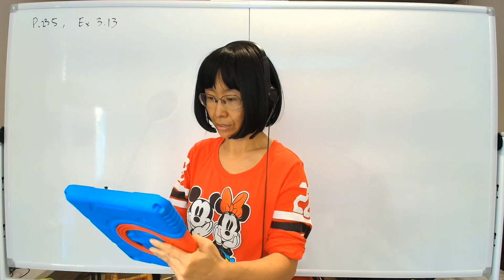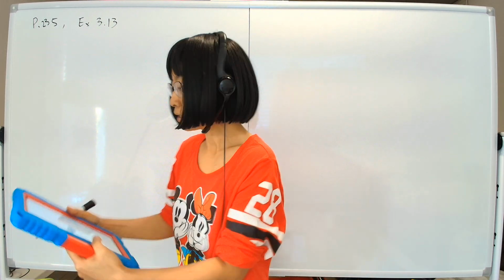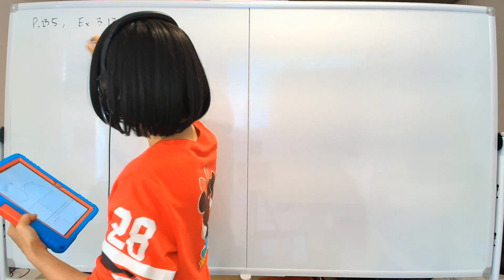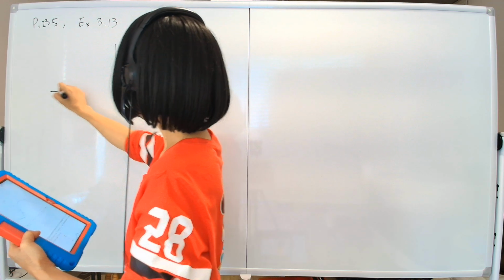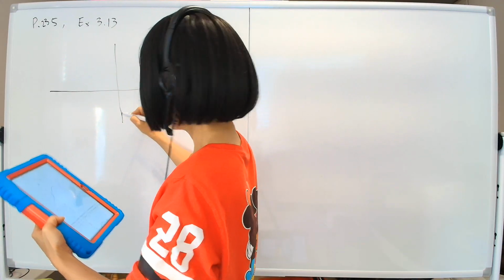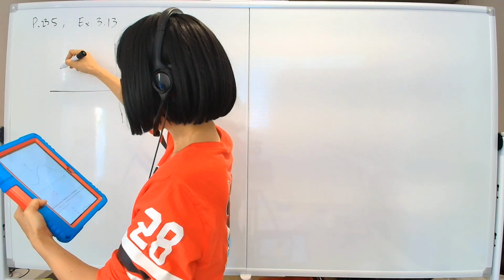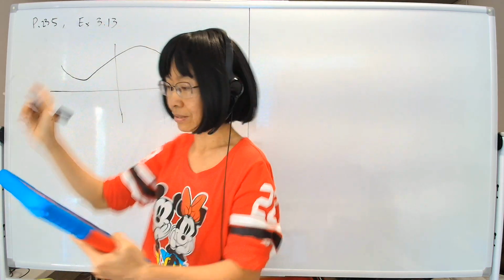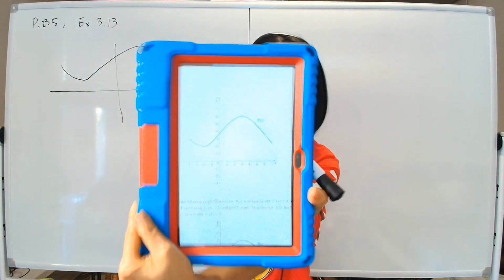Let's say we have some random graph that looks like this. The graph goes down here and then goes up here, something like that. Here's your random graph in the book.